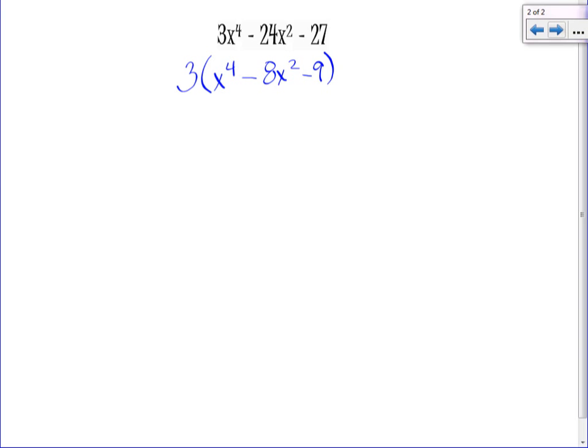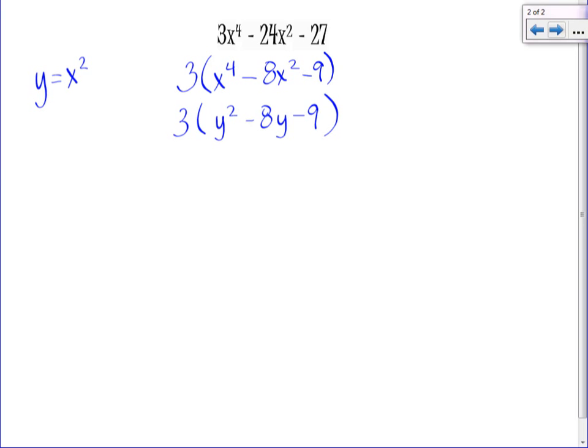Okay, so here's what we're going to do. We're going to change the variable and say y is equal to x squared. So write that over to the side. If we rewrite this and substitute that in, we now have 3 times y squared minus 8y minus 9.